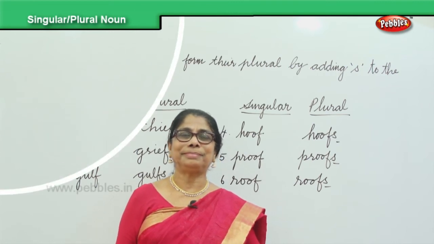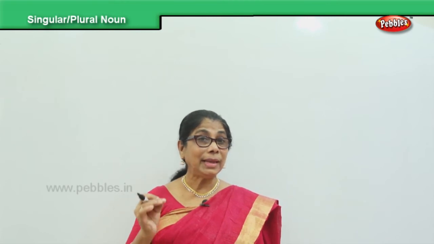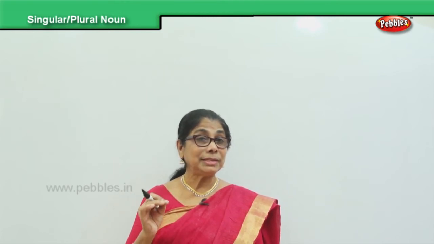Exceptions to the noun form: although ending in F, we just add S to form the plural. Now we go into rule number 6. To form the plural, if a noun ends in O and there is a consonant before it, then you add ES. For example, you will say hero, heroes. So you simply add ES to the singular noun to form the plural noun.